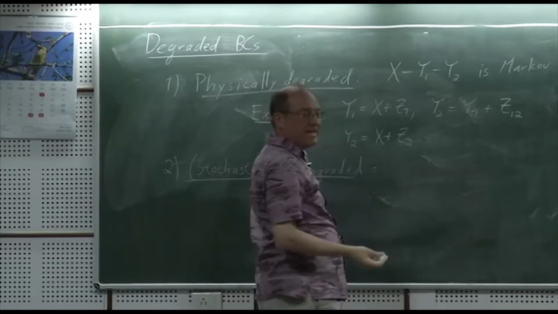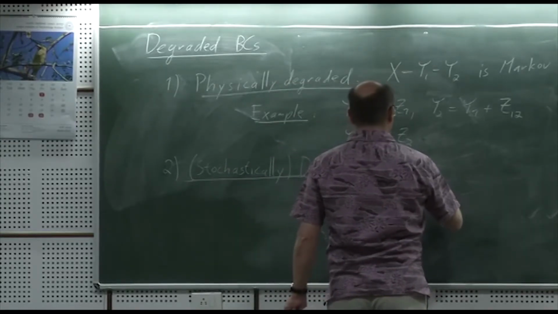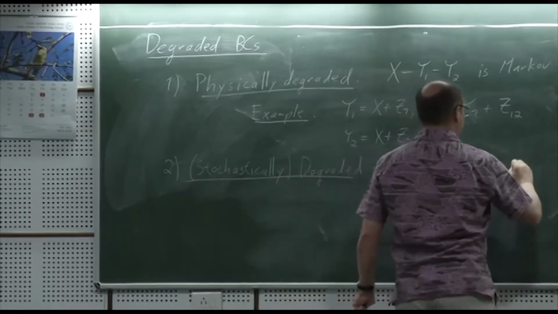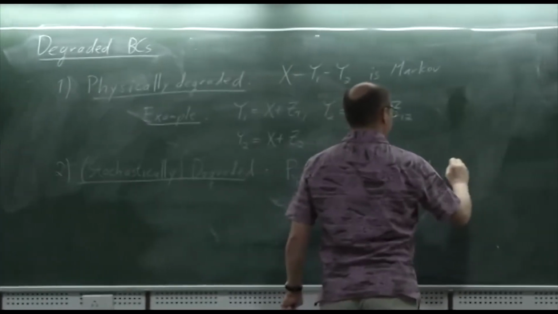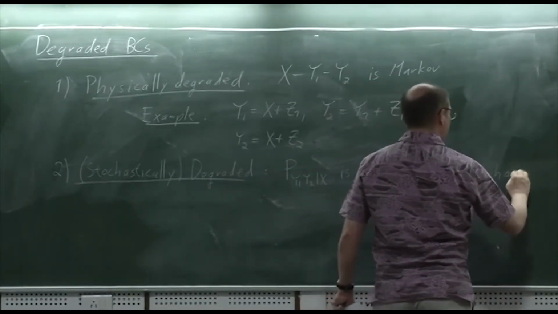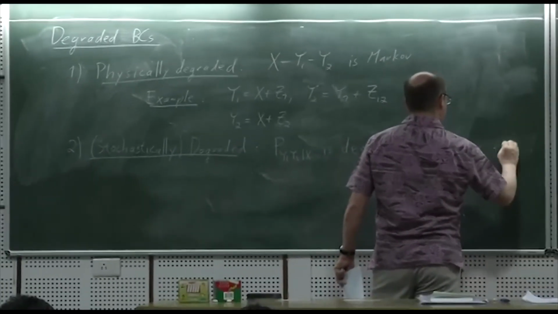What it says is that a channel P(y1, y2 given x) is stochastically degraded if it has the same marginals as a physically degraded broadcast channel.